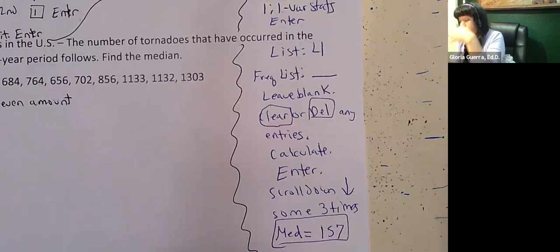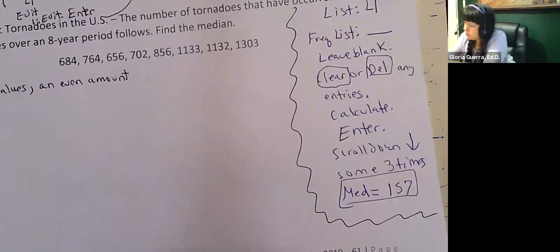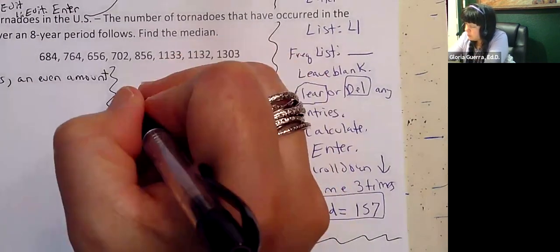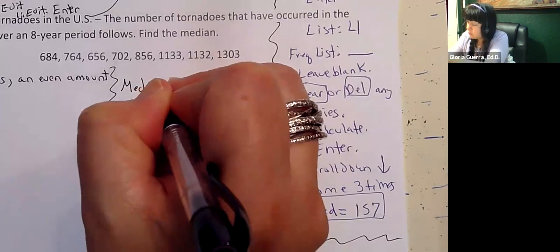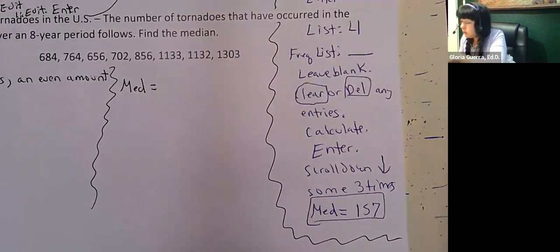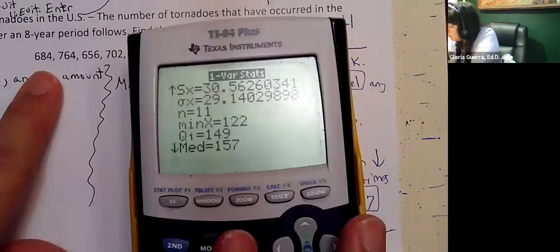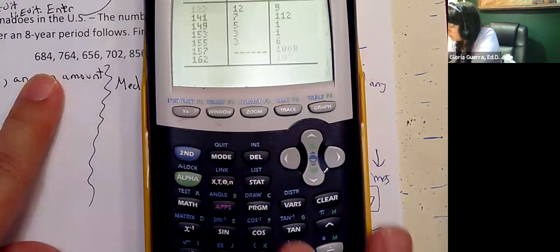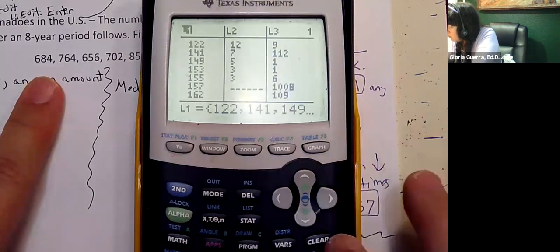All right. So for the second one, we'll go ahead and do it first on the calculator, and then we'll do it by hand. So I have here MED equals. Okay. So we're going to enter the data. Go to Stat, Edit, Calculate, and clear this column. Okay.